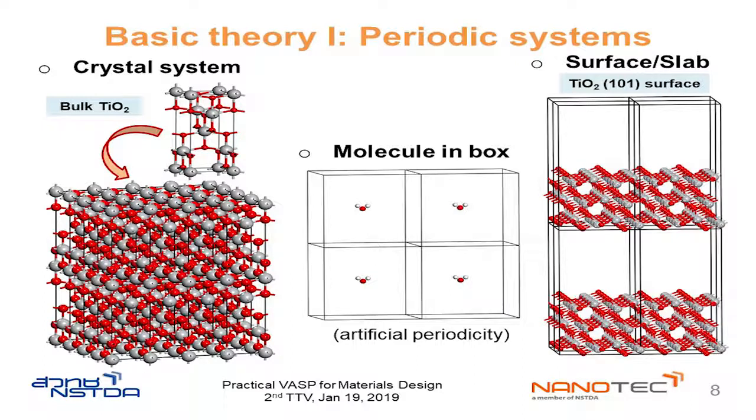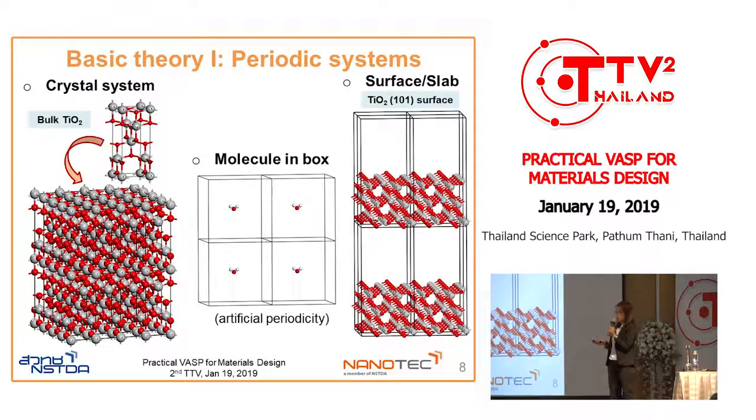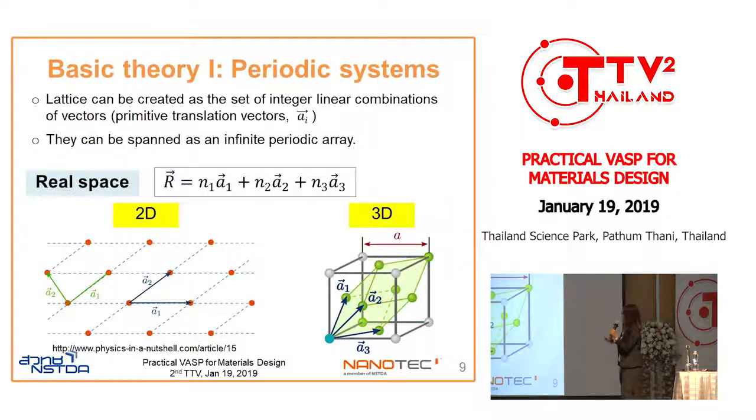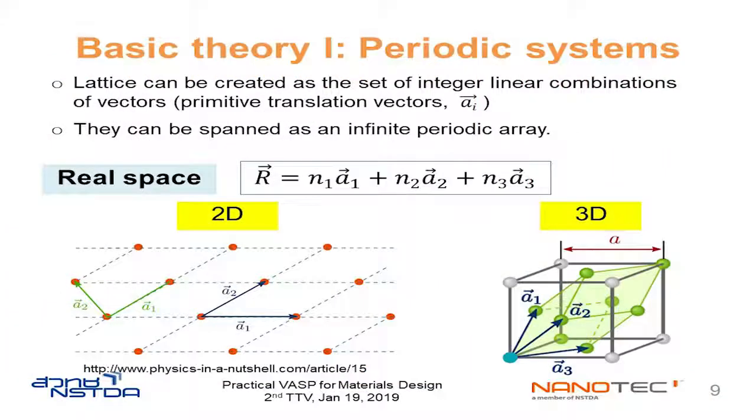So as you are seeing in this slide, in all three systems, you need to have a box to specify the periodic boundary condition. In real space, you can construct the box of the cell by lattice vectors in 3D.